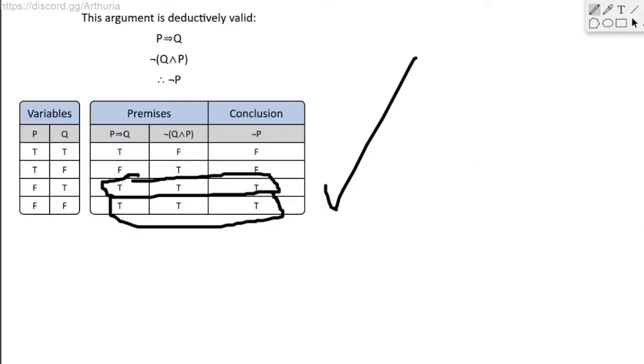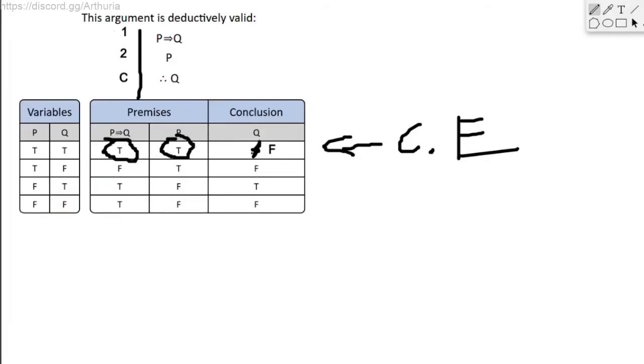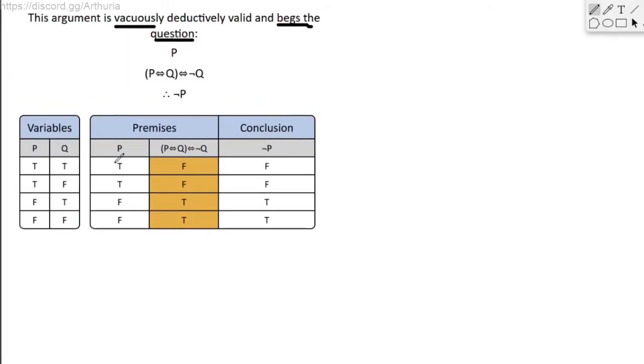In all of our other examples, the premises are true together in at least one place. But in this guy, we don't see that case ever happen, so it is vacuously valid. There's nothing really there for it to grapple onto.